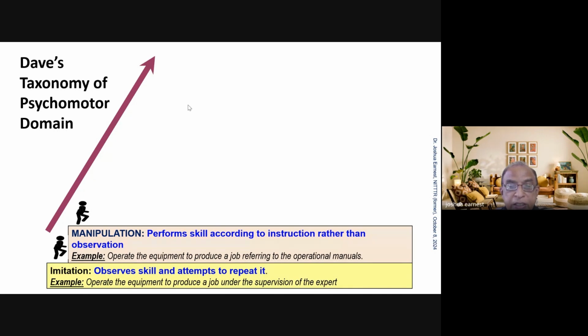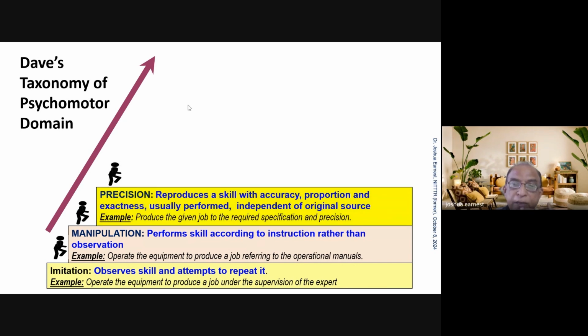In the first stage, he observed the skill and repeated it. In the second stage, he is able to operate the equipment looking at the operational manual or service manual. The third level is precision. Produces a skill with accuracy, proportion and exactness, usually performed independent of the source. That means producing the given job to the required specification and precision.